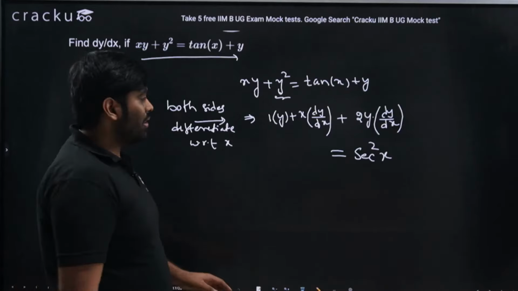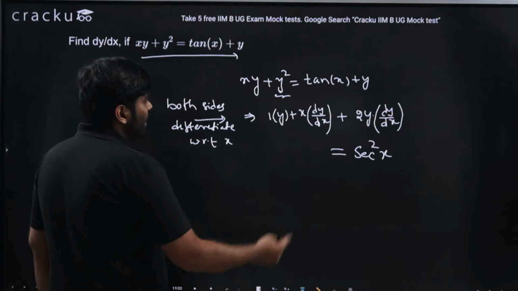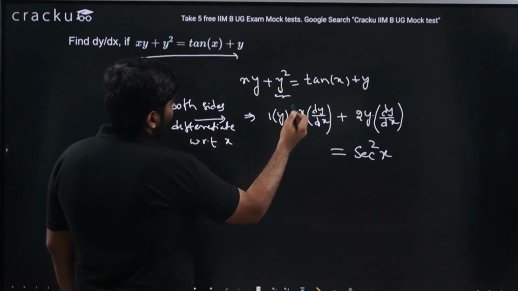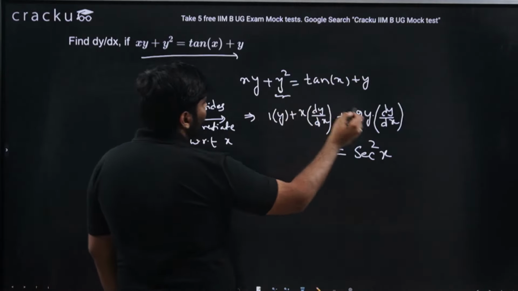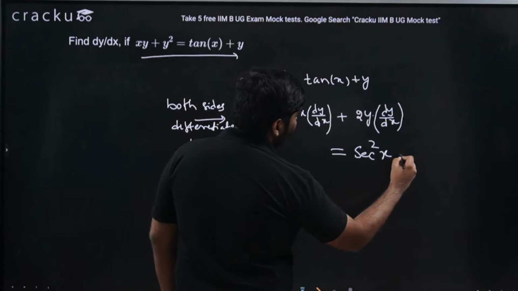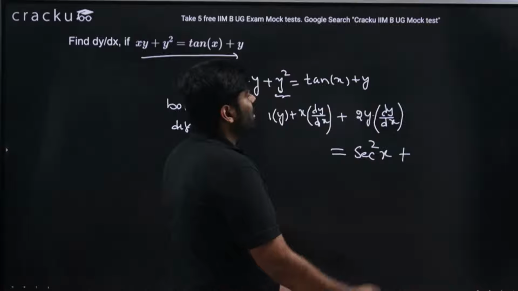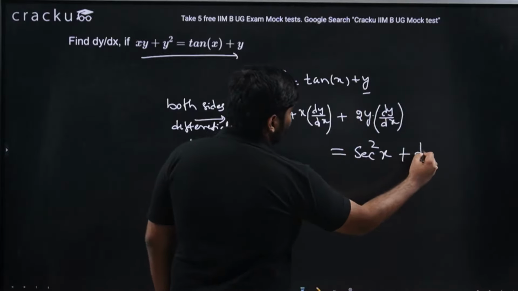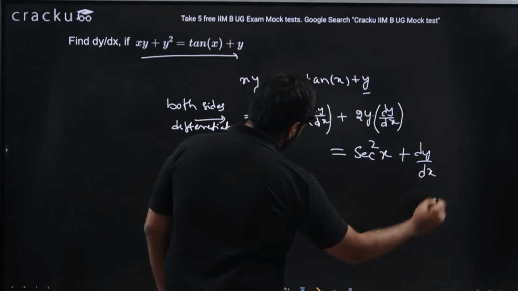We did prove all the three yesterday. So we are applying just the same thing. First we applied UV and then y square is 2y into dy by dx. That should be equal to tan x differentiation with respect to x, which is secant square x, plus differentiating the last term y with respect to x, which is dy by dx.